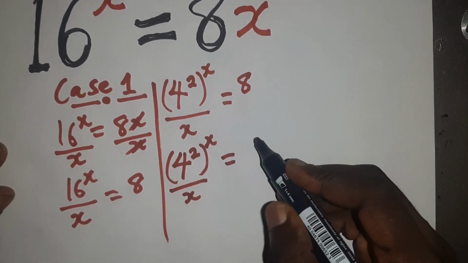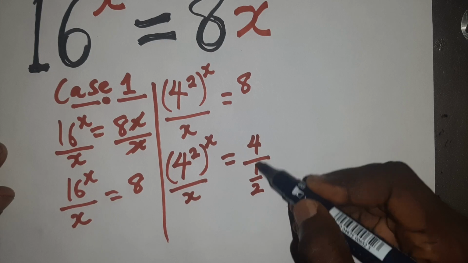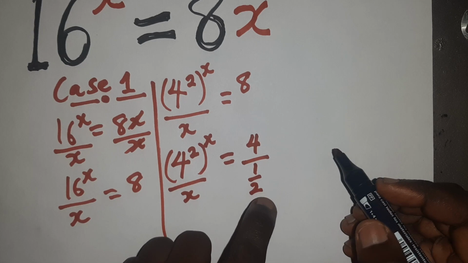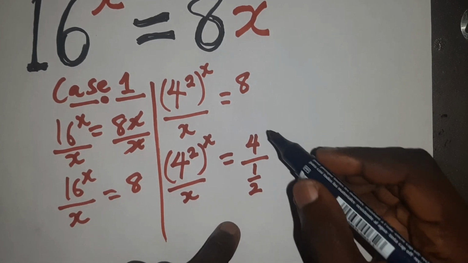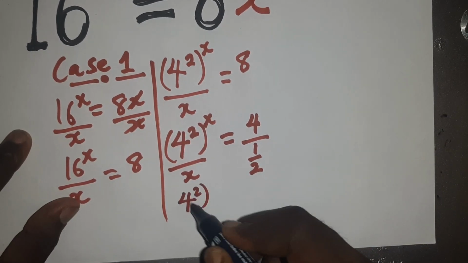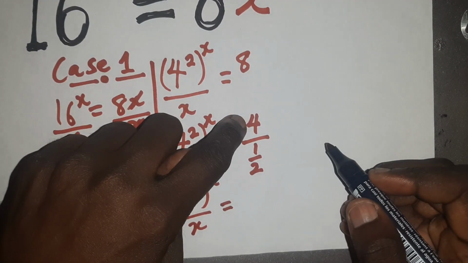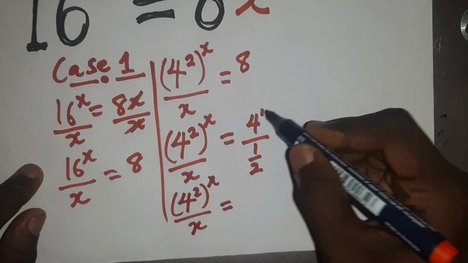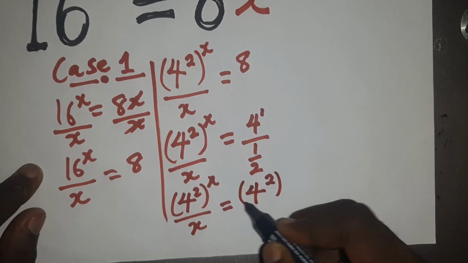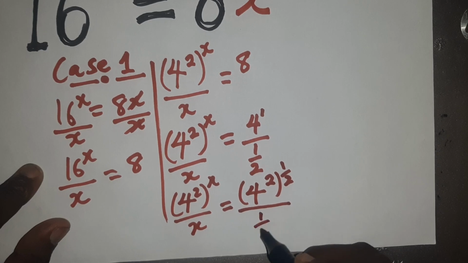Then this 8 can now be written as 4 over 1 over 2. Now, if you divide 4 by 1 over 2, you are getting 8. But we are not done with the right hand side. We can now rewrite again as 4 raised to power 2, all raised to power x over x, will now be equal to, since there's a power 1 here, 4 raised to power 2, all raised to power 1 over 2, everything over 1 over 2 also.